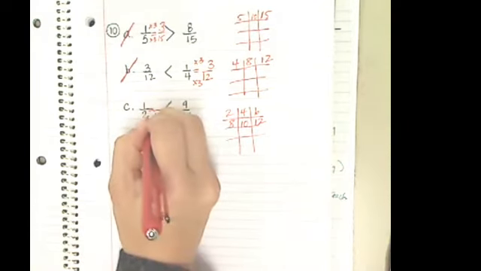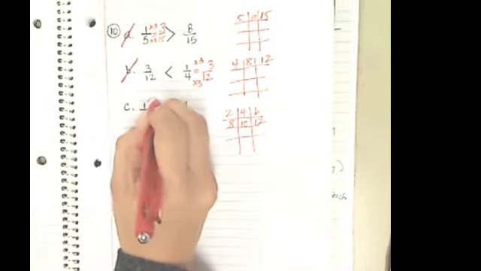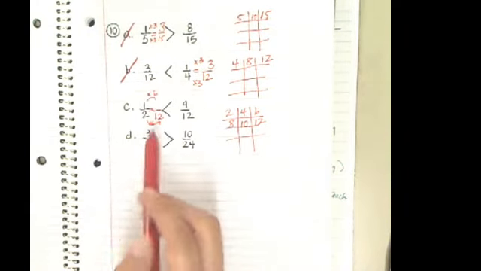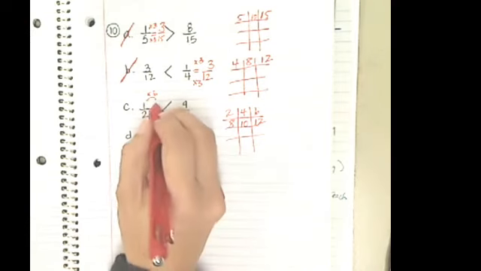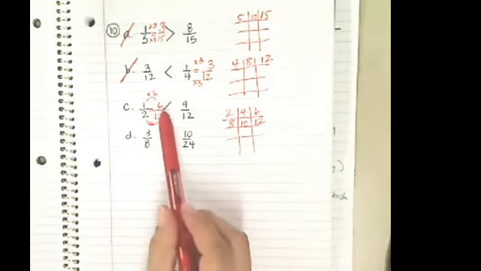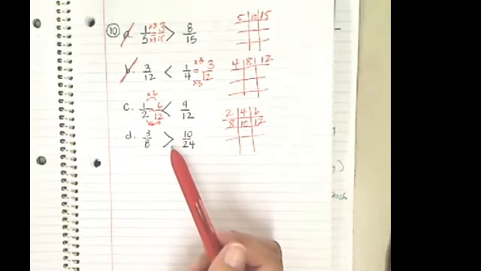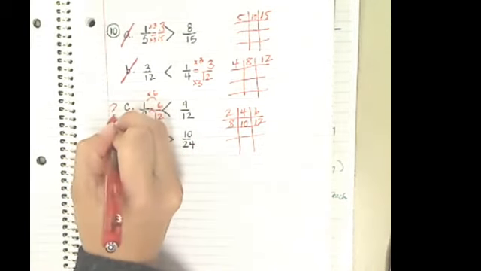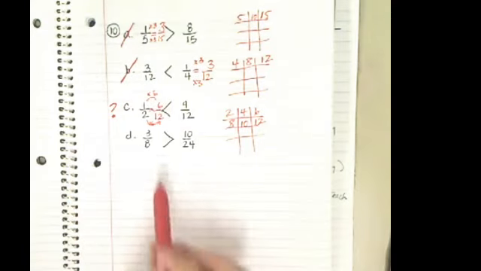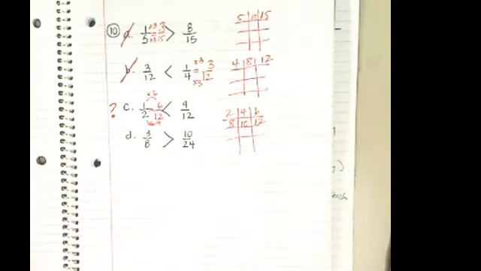So if I multiply times 6 on the bottom, I also have to multiply times 6 on the top. 1 times 6 is 6. 6/12. Is that less than 9/12? Looks good. But let's double check just to be sure.